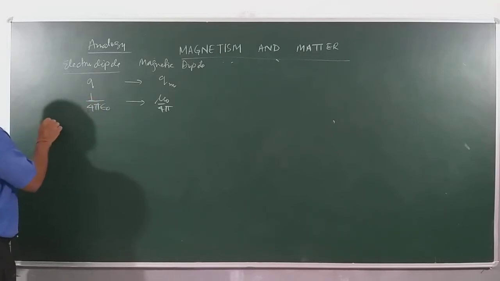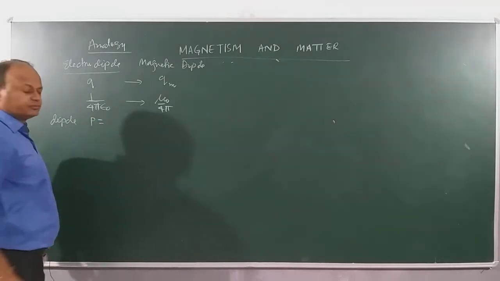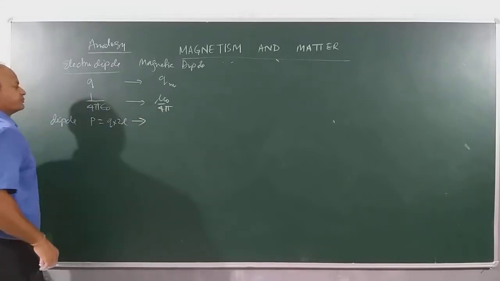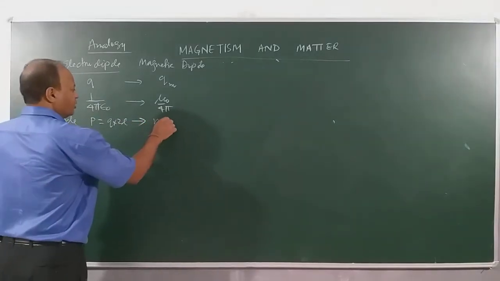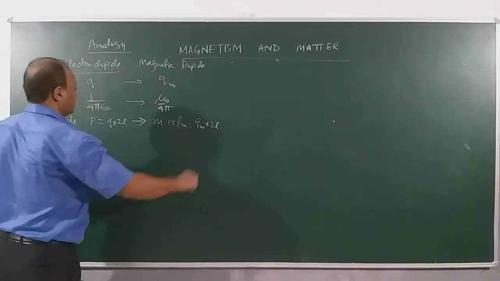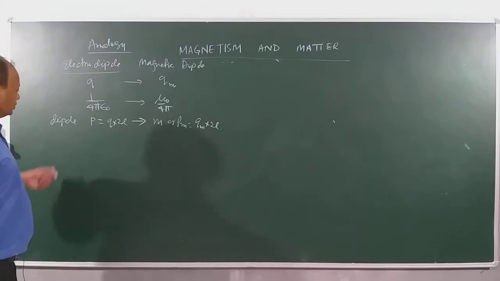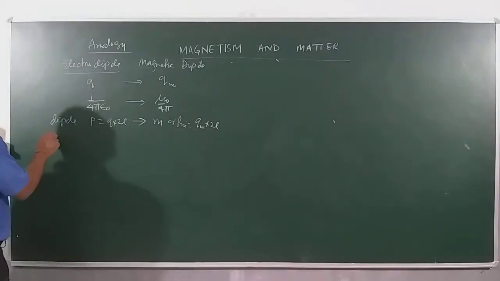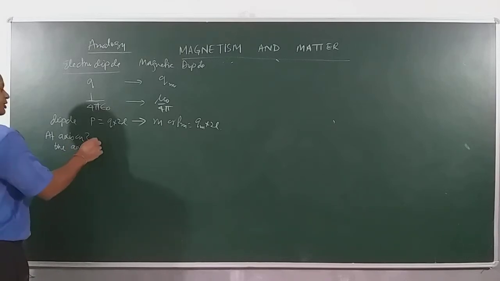Now next is dipole. Electric dipole, P equals Q into 2L, and its analogy is M or Pm, which is Qm into 2L. I hope you all are understanding it now. You can see the analogy. Now next we have electric field at a point on the axis, which you've already done.